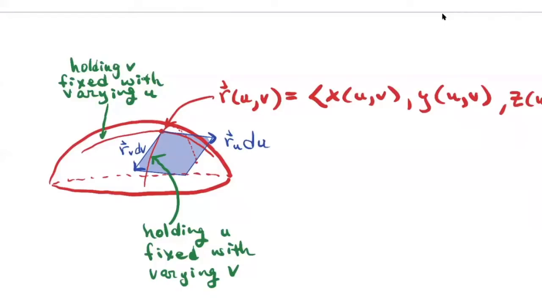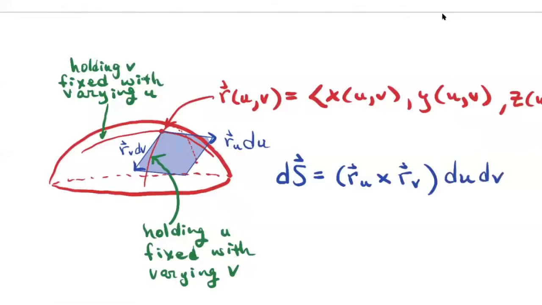And so dS is going to be R_u cross R_v times du dv. And notice that's a vector.